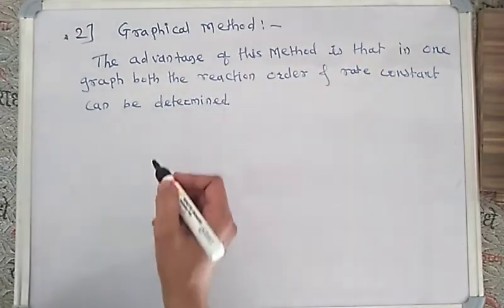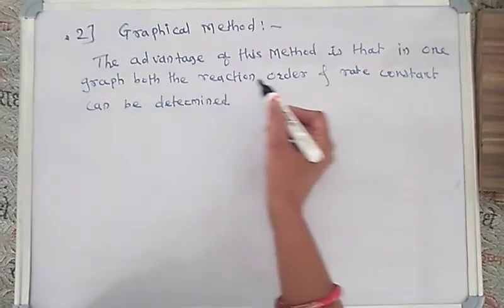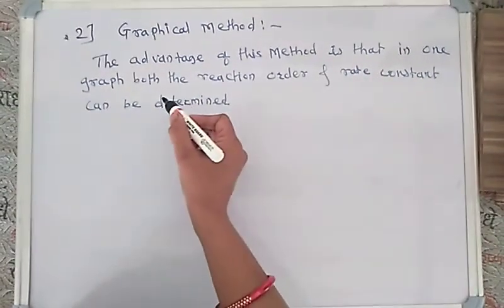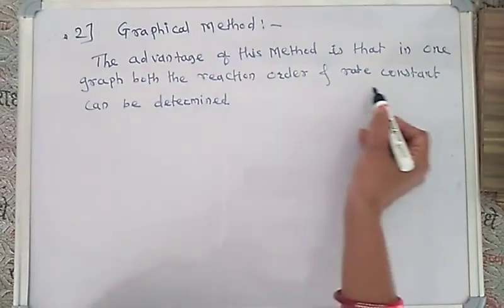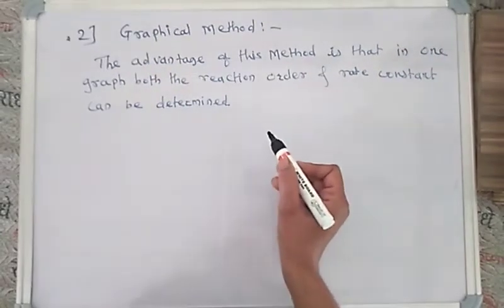In the graphical method, the most useful advantage is that in one graph both the reaction order and rate constant can be determined.